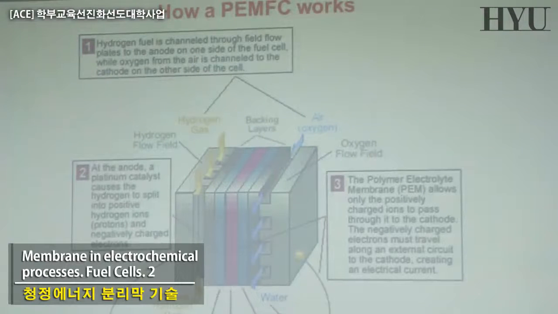And oxygen on the other side is channeled to the cathode of the cell. Also here there is a well-designed way of doing this with some spacers, some channels, such that you have homogeneous distribution.